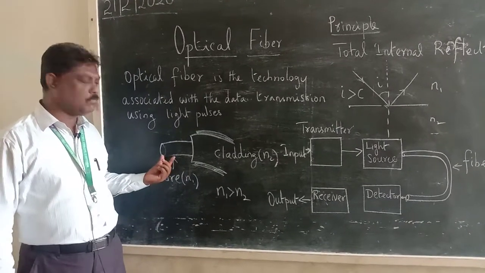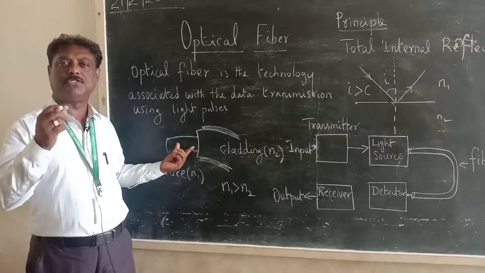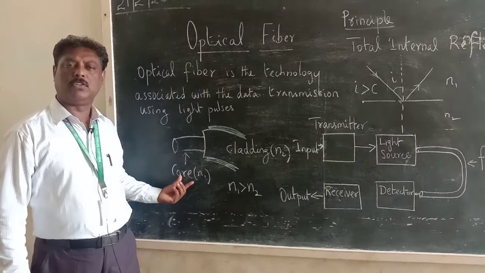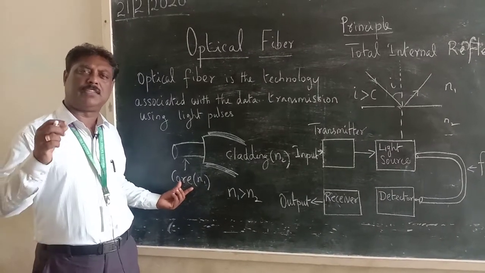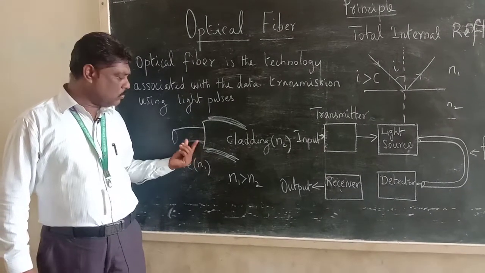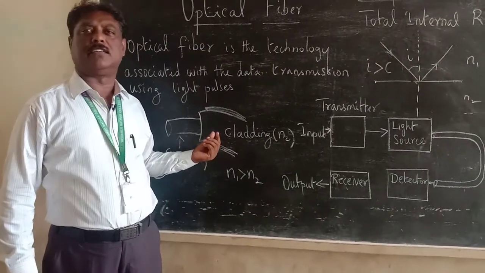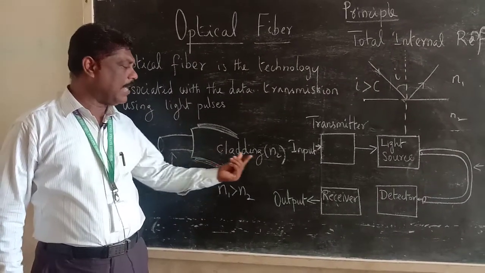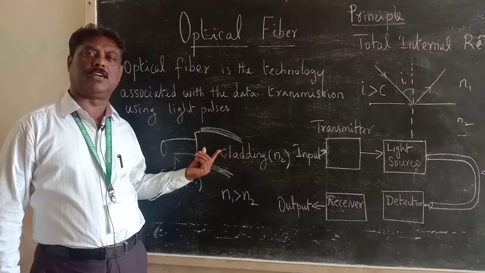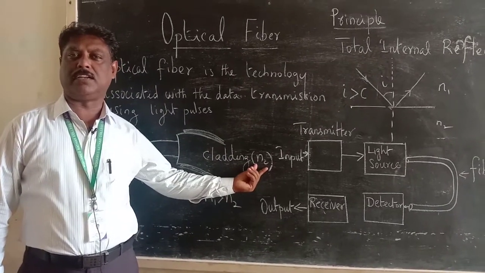The innermost part, which is made up of silica SiO2, is called the core with a definite refractive index N1. The core is surrounded by another layer called cladding, which is also made up of the same material silica but with a different refractive index N2.